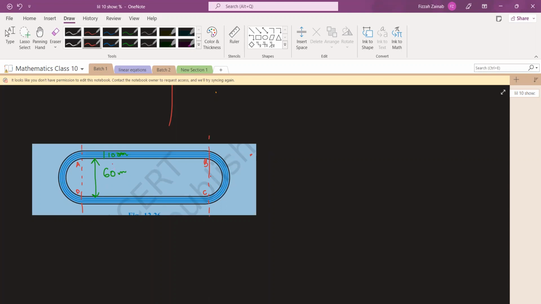Let's say G, H, right? This outer corner is I and this outer corner is J.